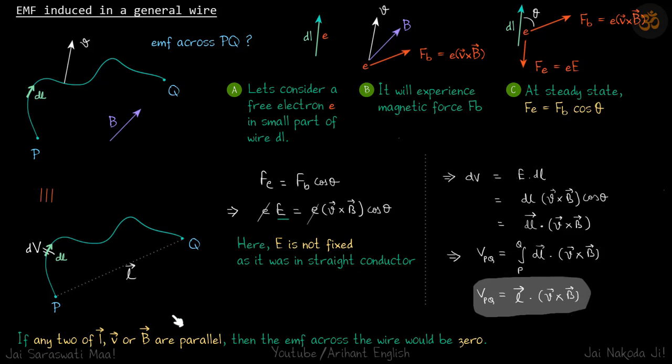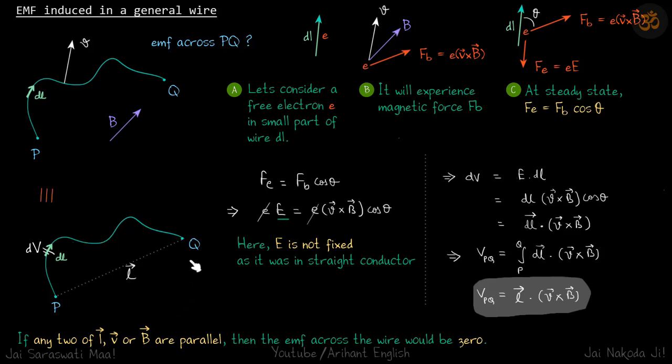Now another thing to note is, if any two of L vector, V vector or B vector are parallel, then the EMF across the wire would be 0. So you can just see these are three vectors, and if any two of these are parallel to each other, then your EMF will be 0. One more thing you can notice here is, this is one wire.